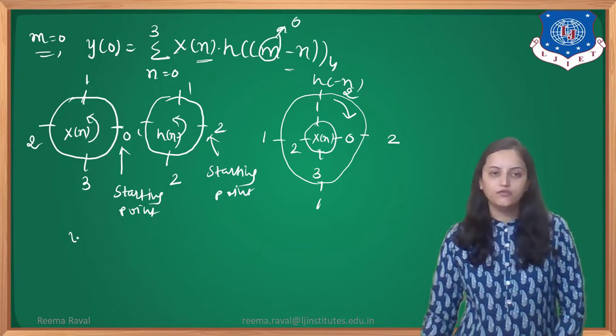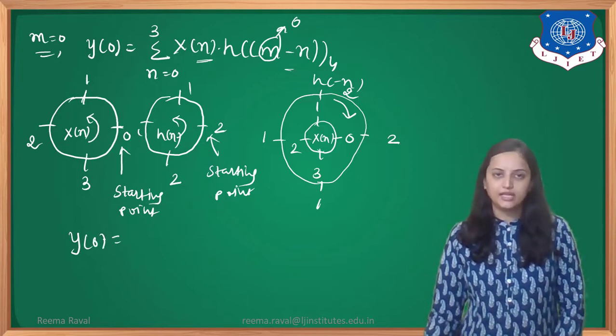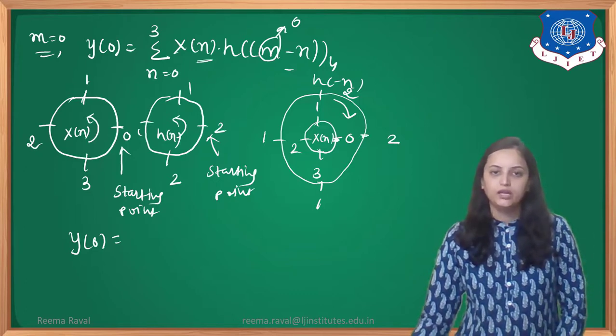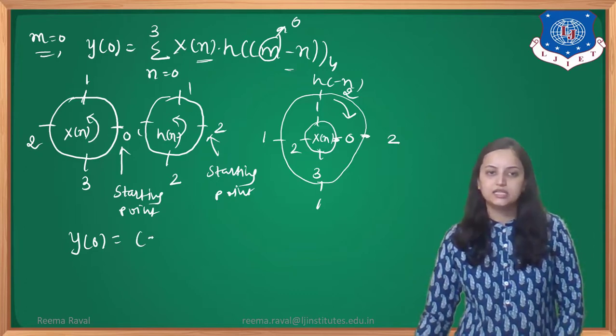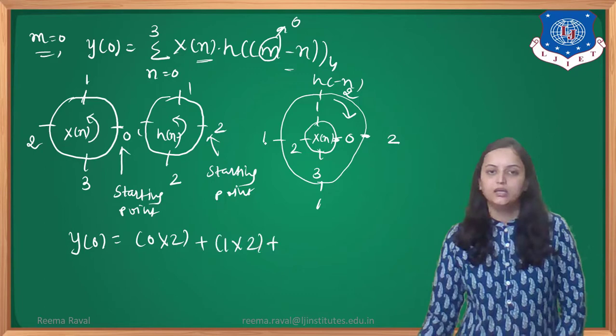Now to find the y of 0, we need to multiply the respective elements of x of n and h of minus n. That means here at 0 point x of n value is 0 and here it is 2. So we will multiply 0 into 2 plus next value, that means this value is 1 and over here it is 2. So we will multiply this 1 and 2 plus here the values are 1 and 2.